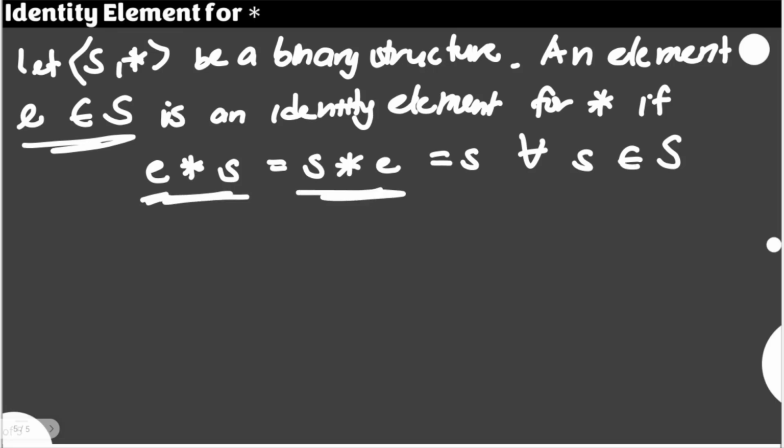Of course, the binary operation depends on how we would define the said star. If the resulting value for this is just s itself, then E is an identity element.